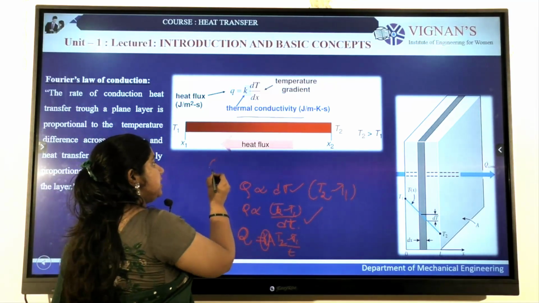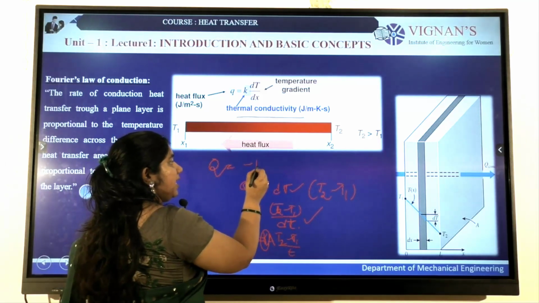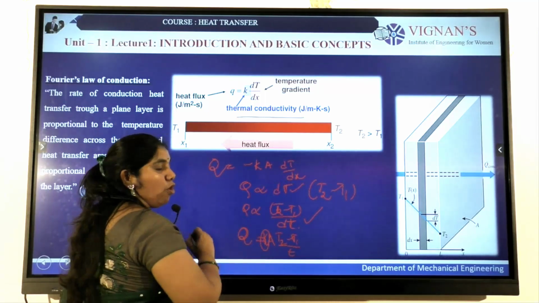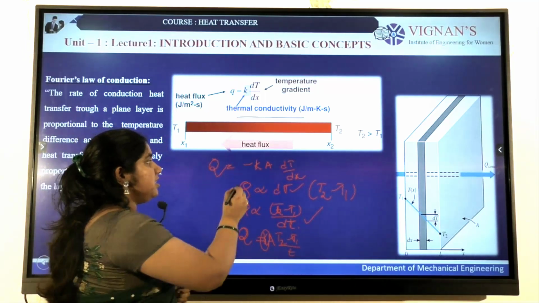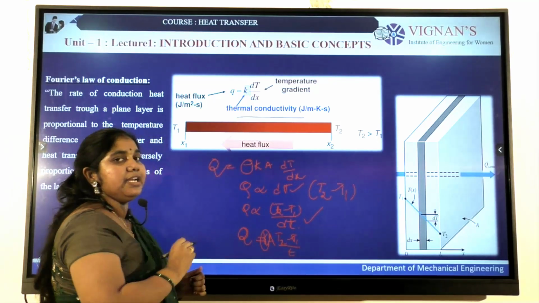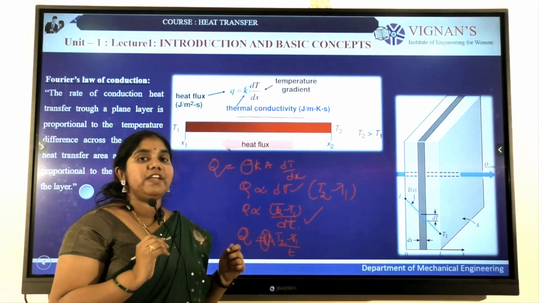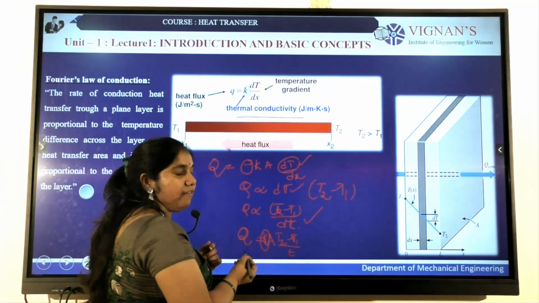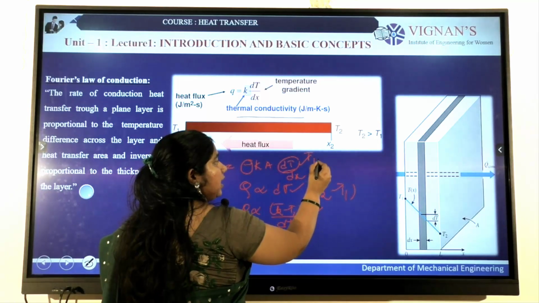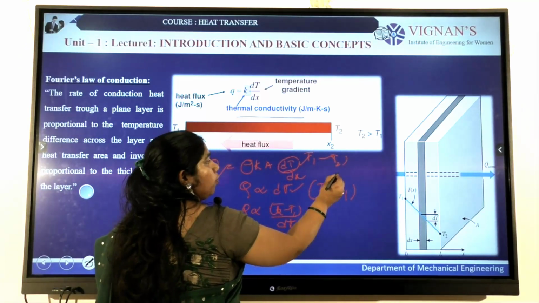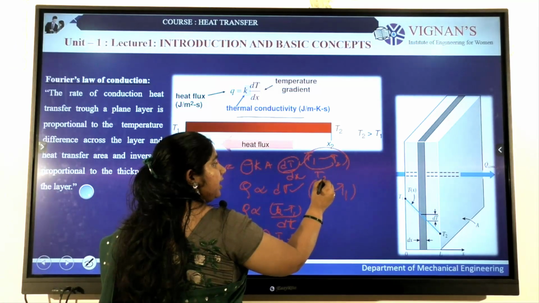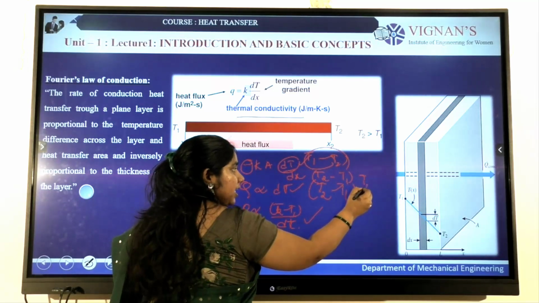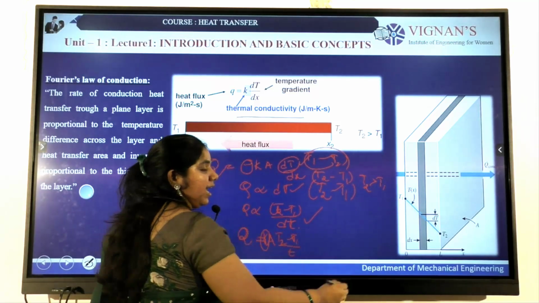Actually we will write this equation as Q equals minus kA dT by dx, in a small interval of time. What does this minus indicate? It indicates negativity. We write this minus to make the temperature difference positive. How do we write this temperature difference? T1 minus T2. To make this positive, that is why we write it as T2 minus T1. Here our condition is T2 is greater than T1.